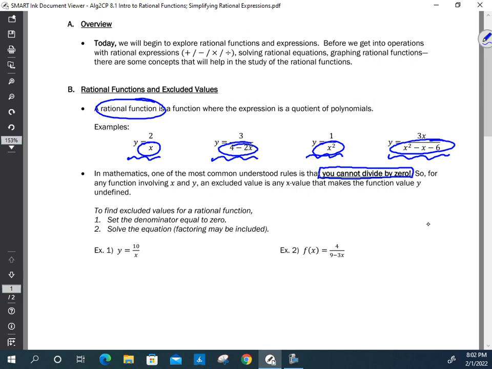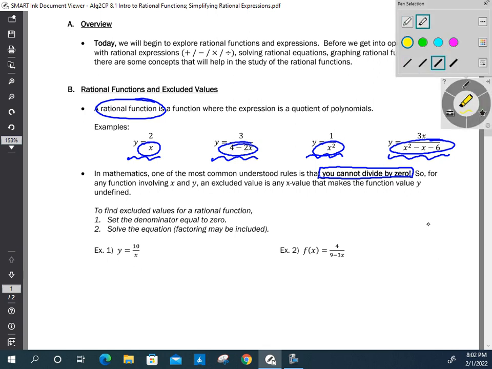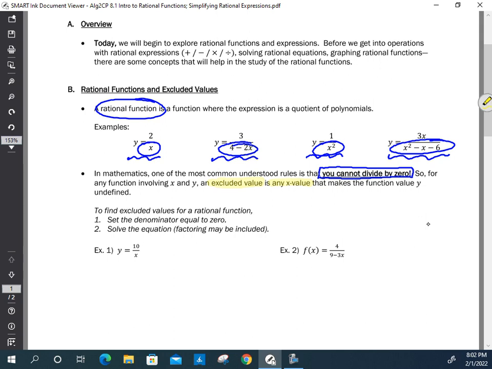That has a specific name, an excluded value. An excluded value is any x value that makes the function undefined. Remember, undefined means having a 0 at the bottom of a fraction. You cannot divide by 0, so 0 cannot be there.